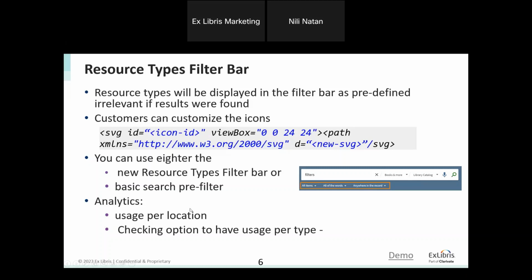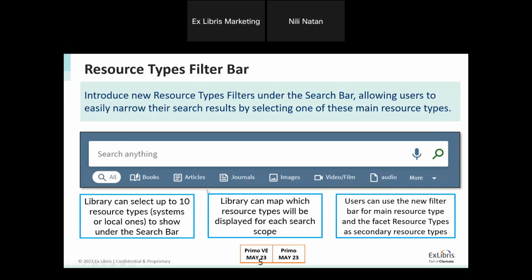And in terms of analytics, what we will provide when we release this is analytics per location. So if a user clicks on book, it will be counted as book in location 1, like resource type filter number 1, number 2, or number 3. I know that you expect us to be more accurate and give you the name.